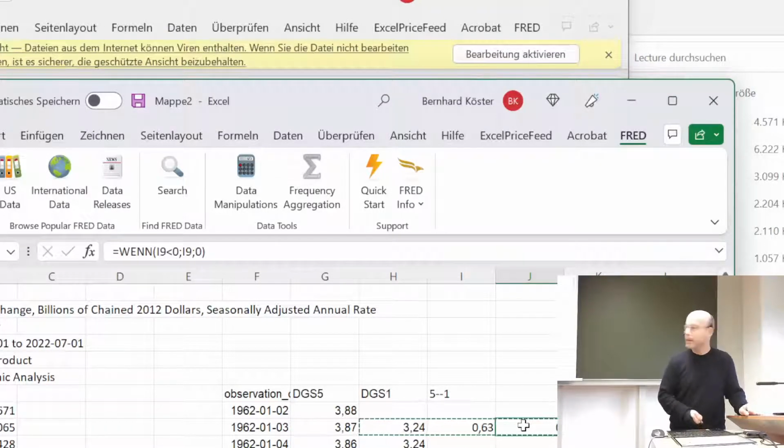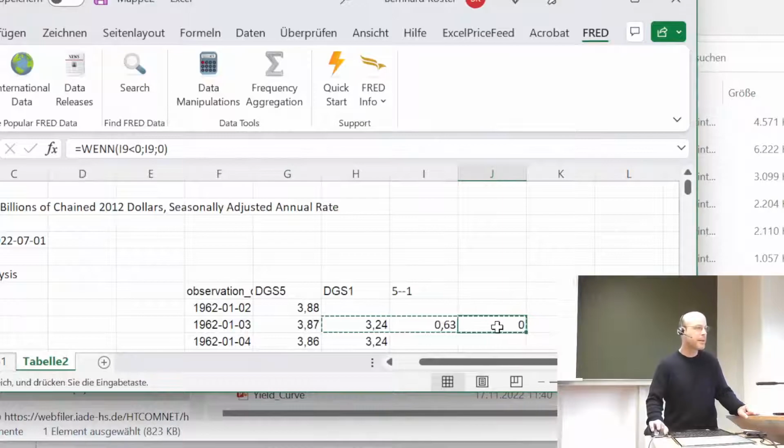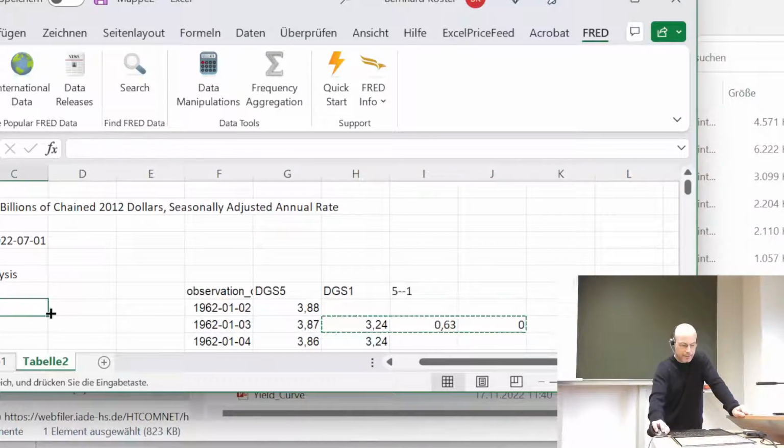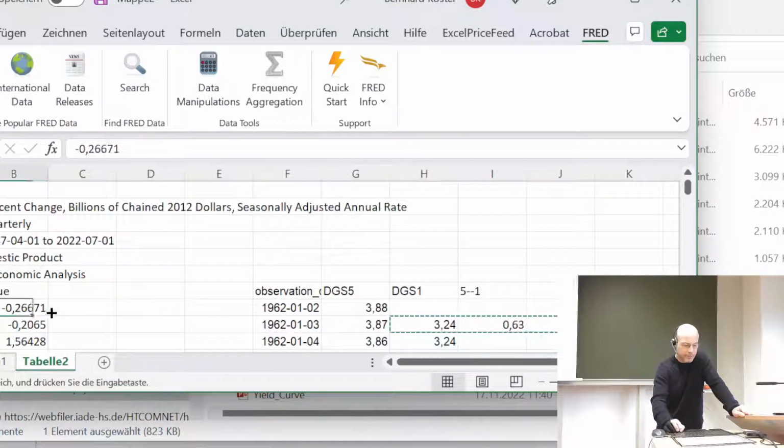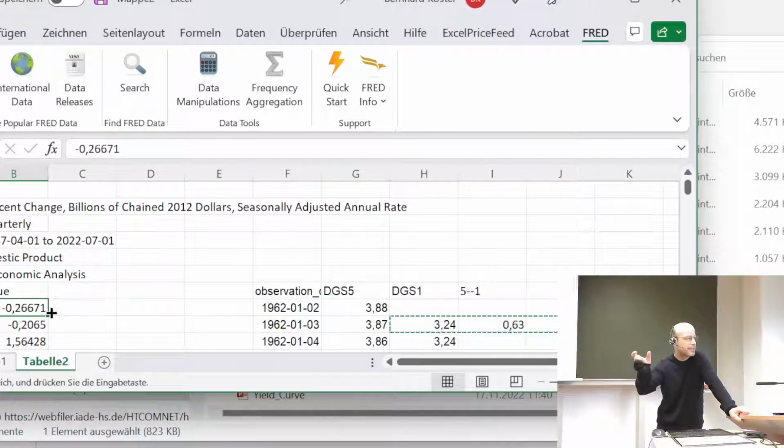But let me say what you should do now is, you identify here all the numbers, and then you can just plot where I have an inversion of the yield curve, and then you can take here the growth rates, and technically we speak of a crisis if you have 2 quarters in a row with negative growth rates.